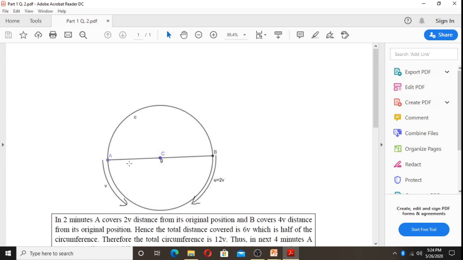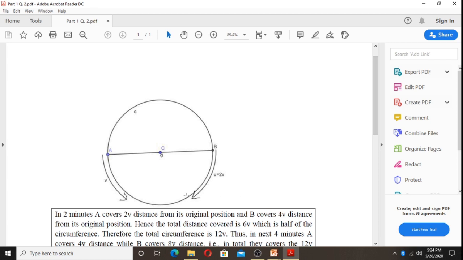Means A and B totally cover 6v distance, and this 6v distance is nothing but the total distance covered by A and B, and it is nothing but the half of the circumference of this circle. Therefore the total circumference of the circle is 12v.